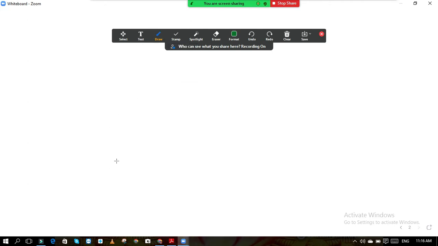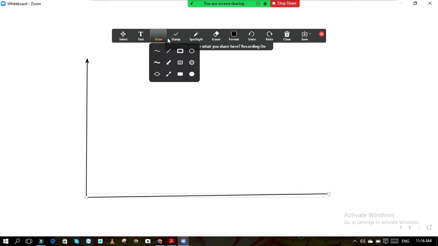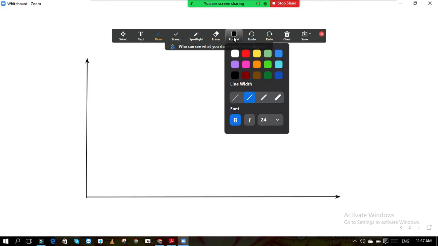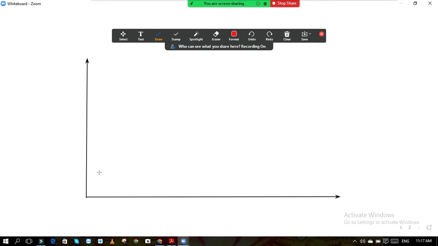Again, for the torr steel, we draw the graph with the y-axis and the x-axis. First we will draw the characteristic curve.